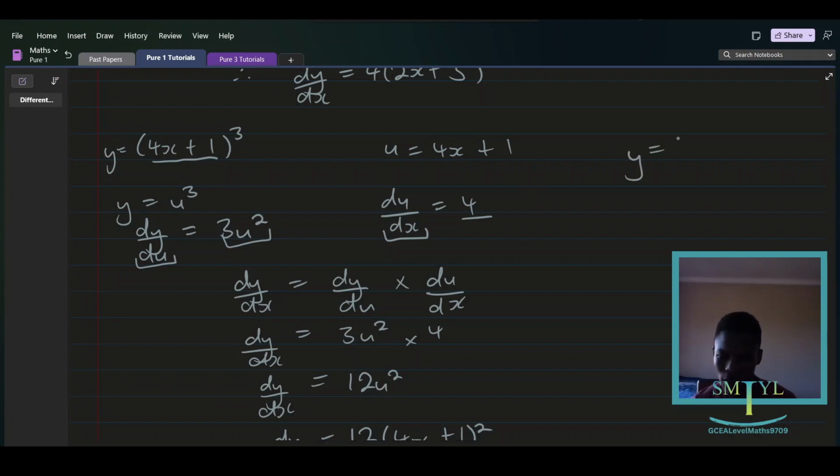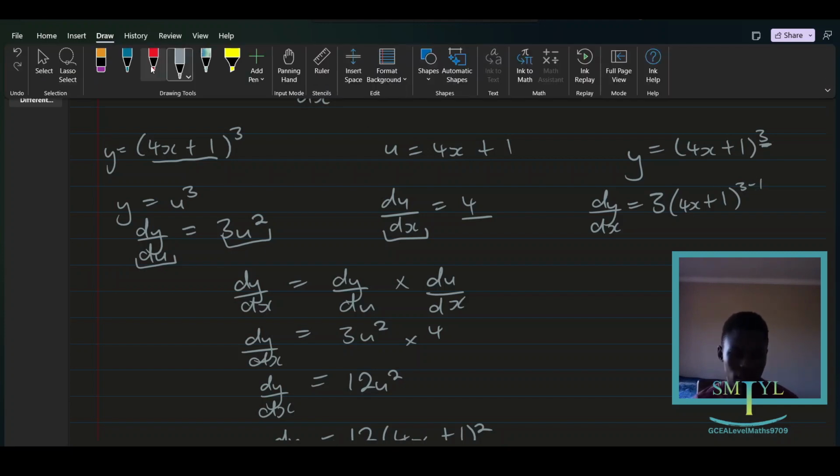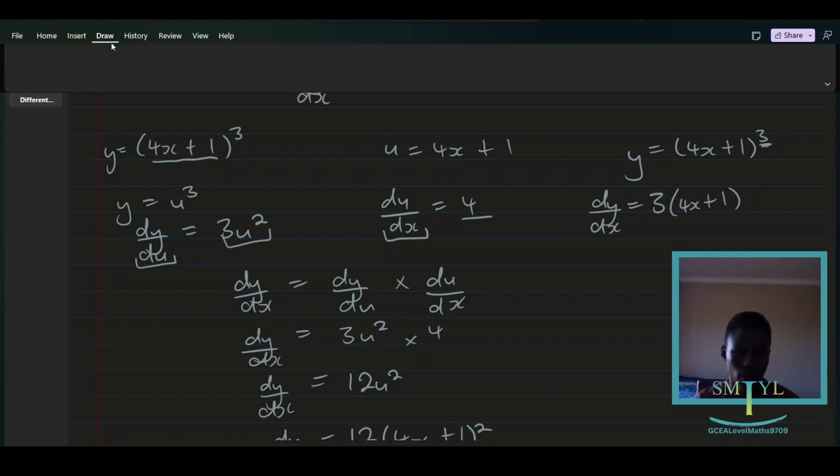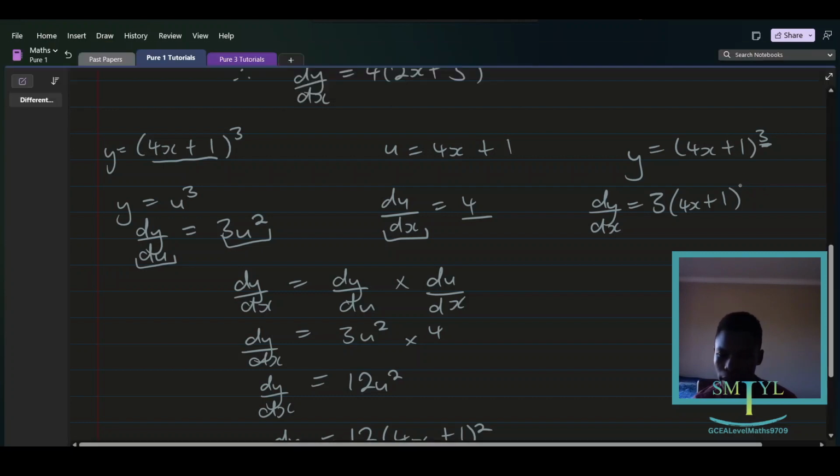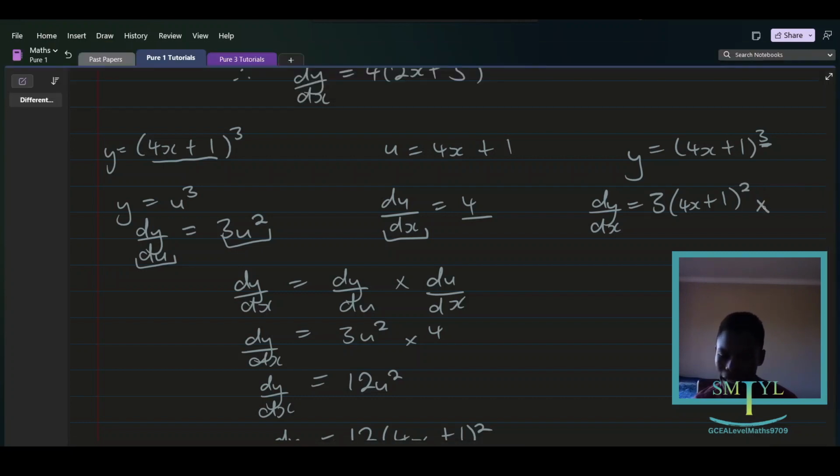If I write this here, y is equal to (4x plus 1) to the power 3, we're simply saying dy/dx is equal to, we're dropping this power, this 3, times (4x plus 1), subtract 1 from this power, so that's 3 minus 1, which we can simply write as 2, so that will be to the power 2, and then we're multiplying by the derivative of what's inside the bracket.